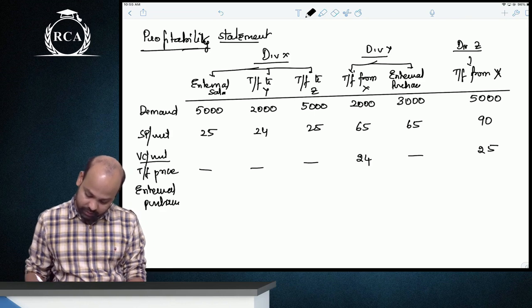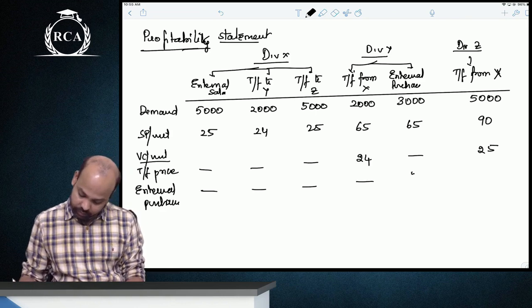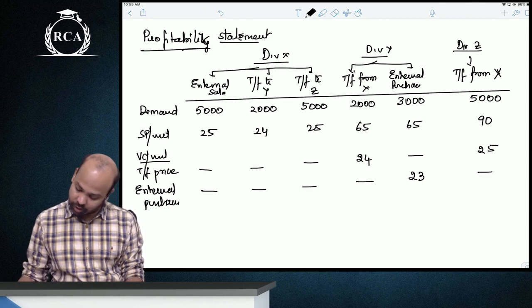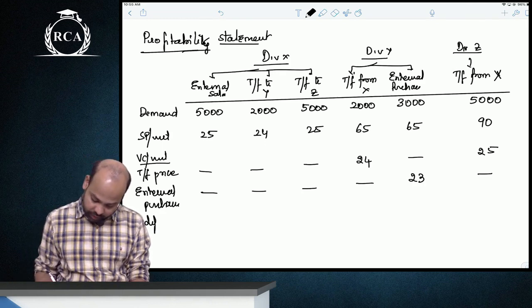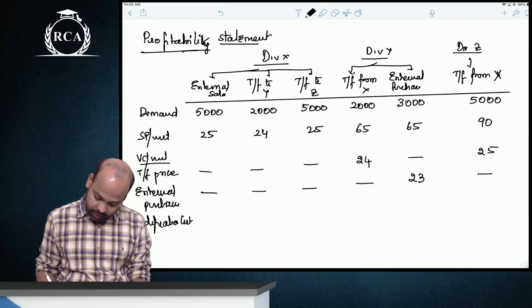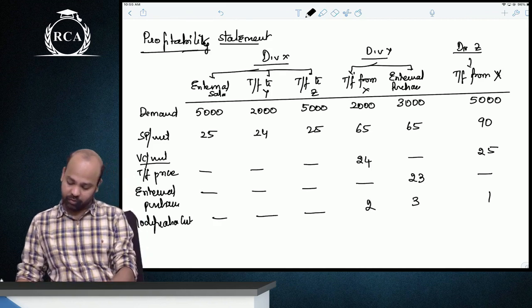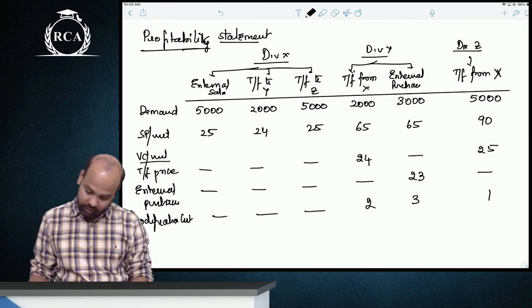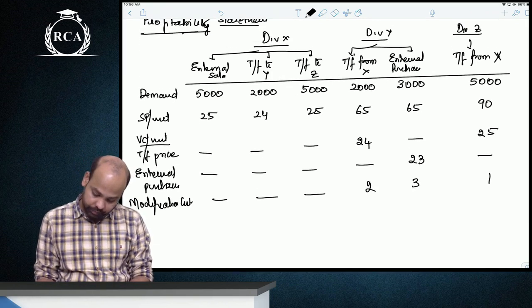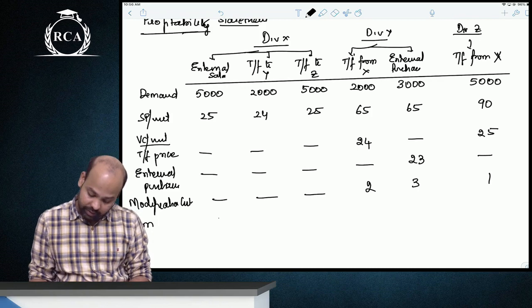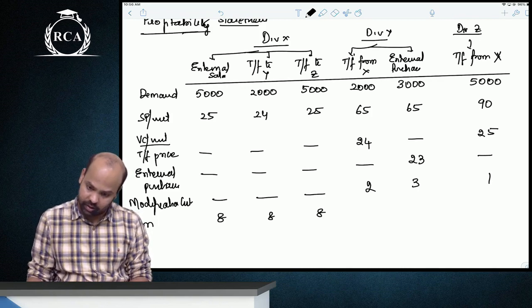External purchases, they can procure at 23. They're not procuring. Modification cost: when they procure from division X, they are incurring 2 rupees, here 3 rupees, here 1 rupee. We already know this, but 2 rupees, 3 rupees, and 1 rupee. Direct material, they've given us 8, 8, 8.